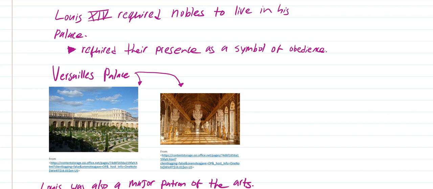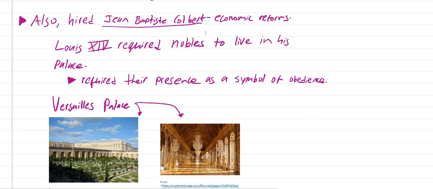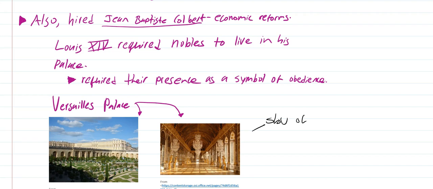It's just an astonishing piece of architecture, and really an astonishing show of the power of the absolute Sun King. So it really was a show of power. You just can't have something like that if you don't have a huge amount of wealth and power to keep it up.